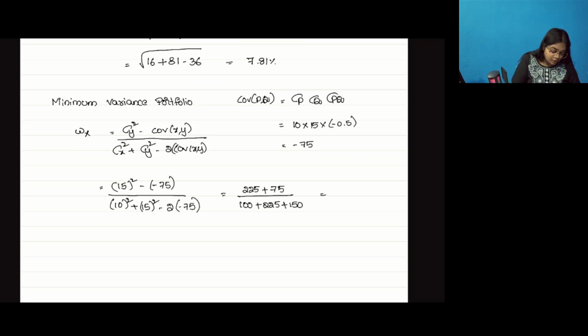So 225 plus 75, 300, divided by 100 plus 225 plus 150, 475. So weight of x equals 300 divided by 475.